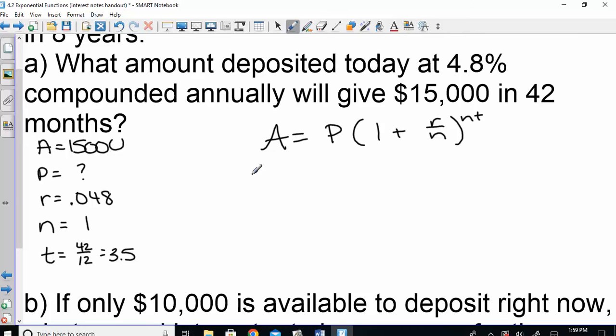All right, so if we plug in what we have, the A is 15,000 equals P, we don't know, times 1 plus 0.048 divided by 1, to the 1 times 3.5 power.